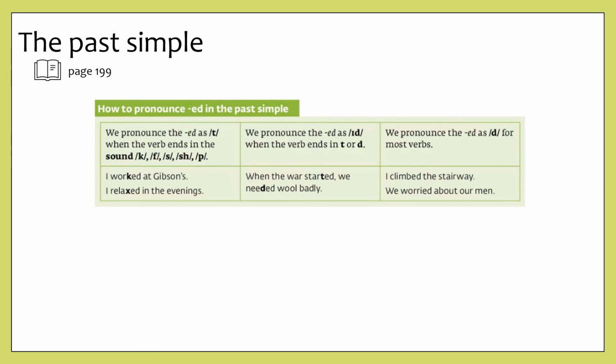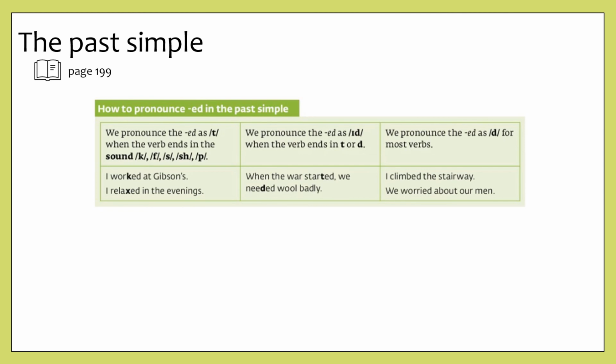Now I'm exaggerating a bit, of course, but when my verb ends in this sound, then I should pronounce it as a T. You can remember it, for example, with the word coffee shop, where you have the sounds that you need here. Dat is een ezelsbruggetje dat je kan gebruiken.